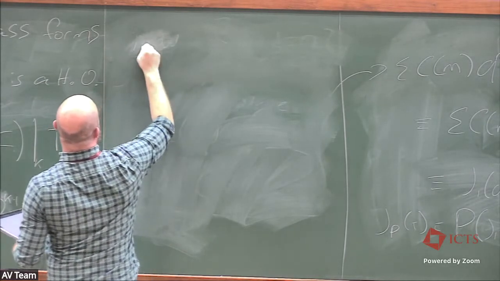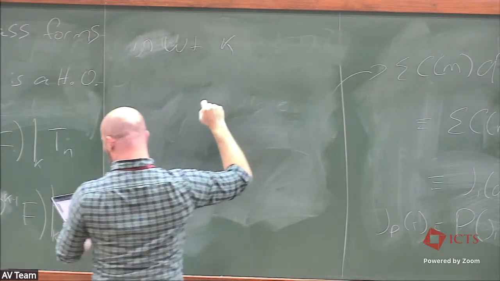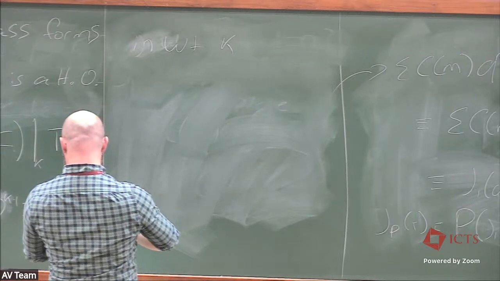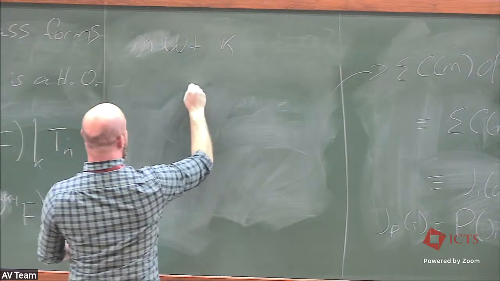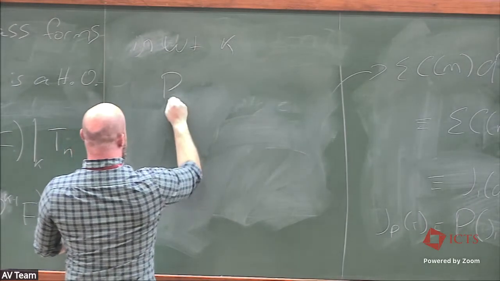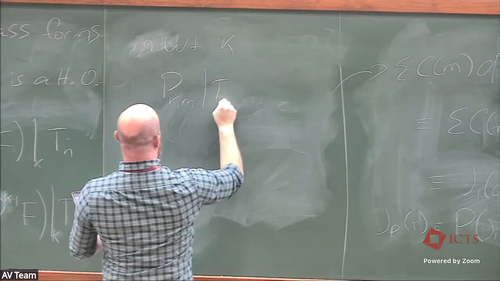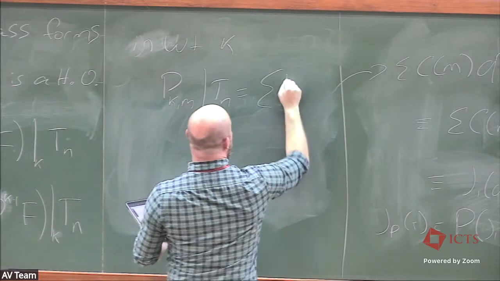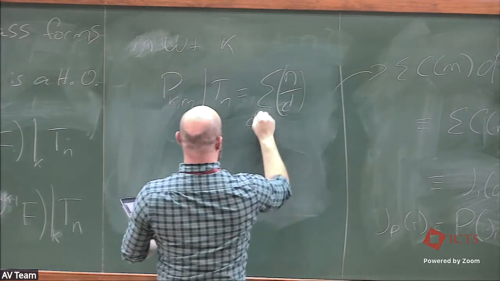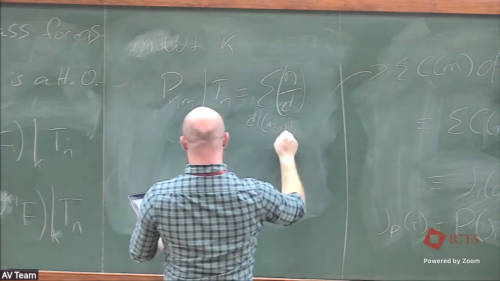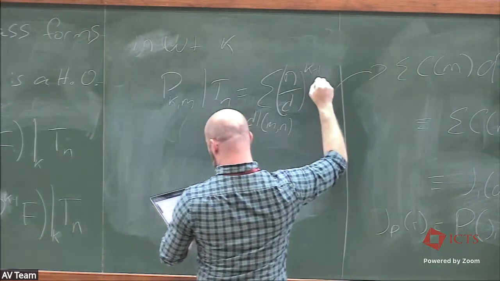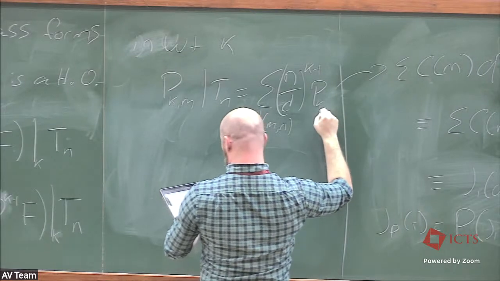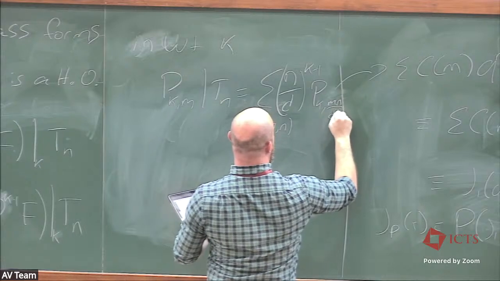So in weight k, we're looking at the positive weight forms, we have that P_{k,m} hit with the Tn Hecke operator is equal to the sum over d dividing the GCD of m and n of d^{k-1} times P_{k, mn/d^2}.